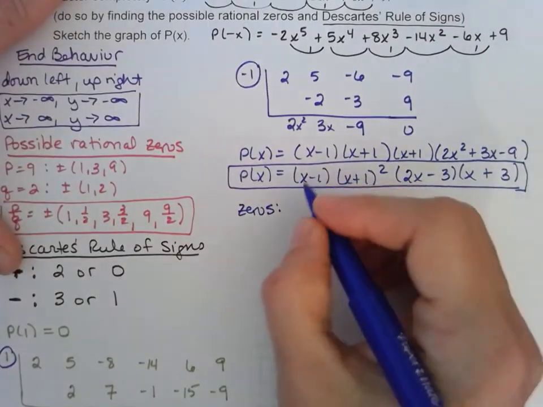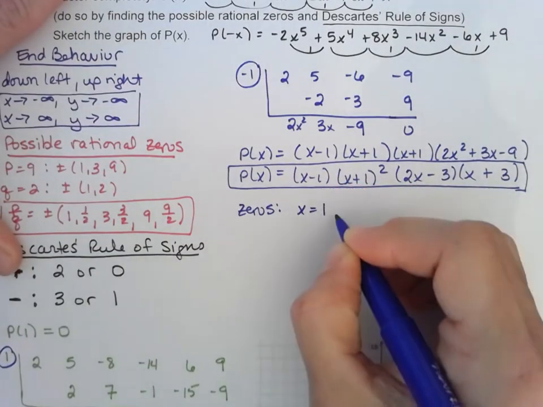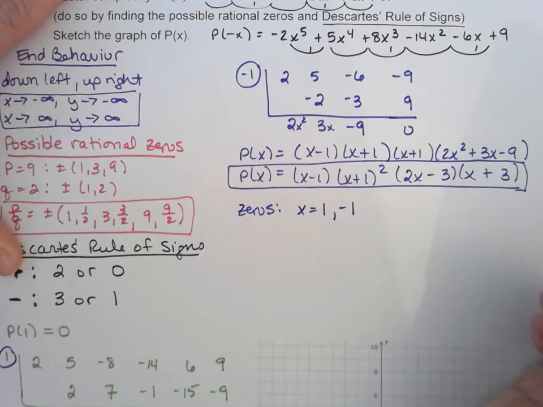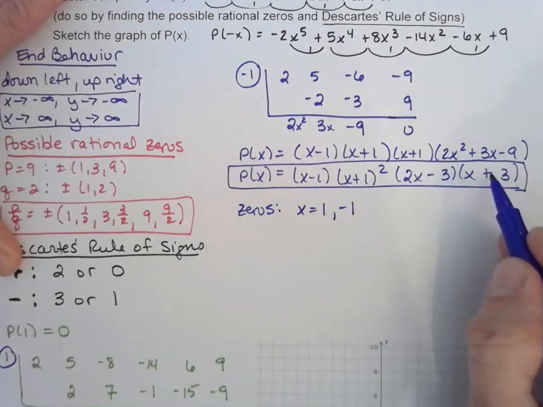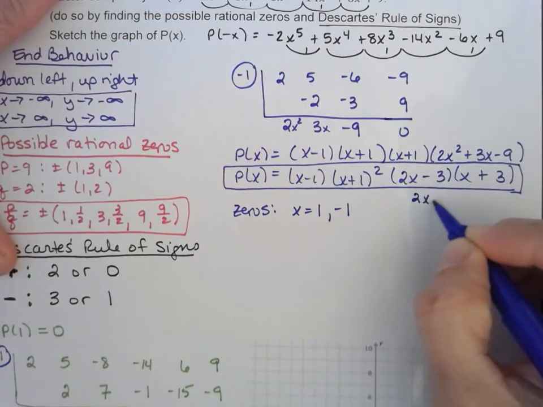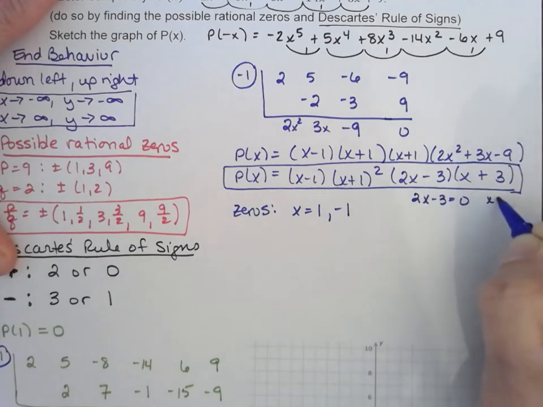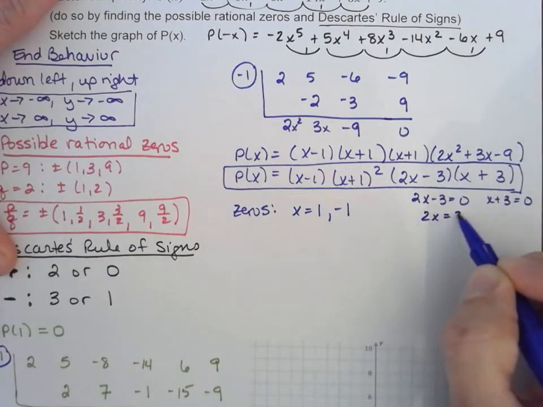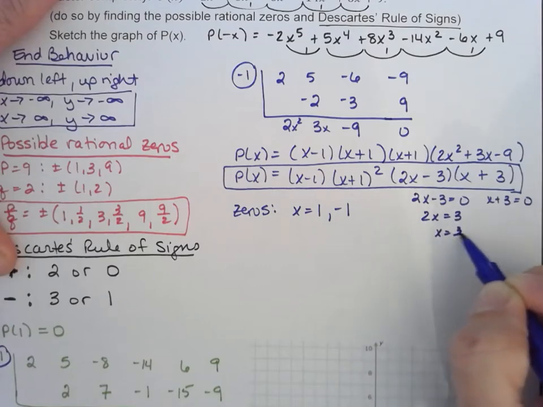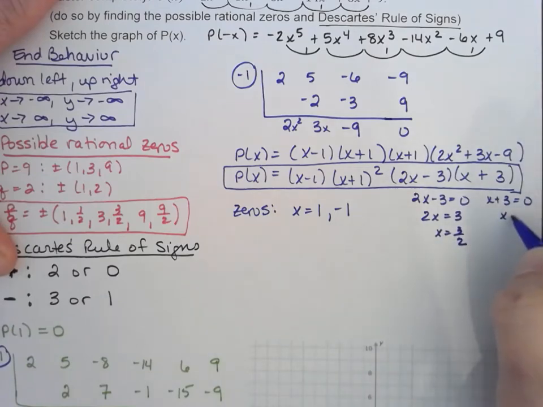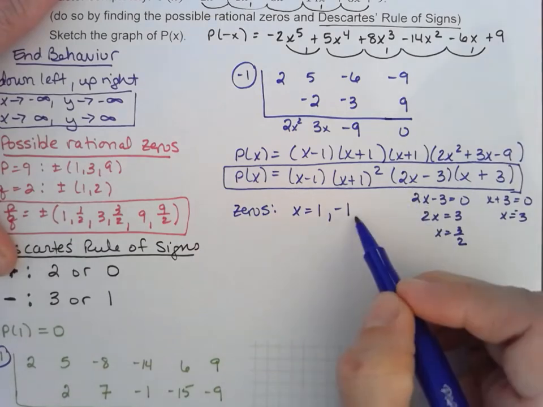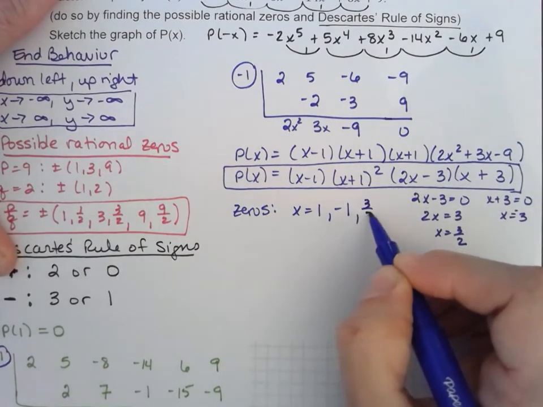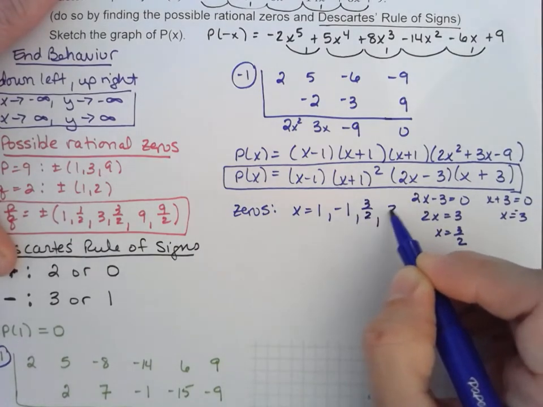So we have x equals 1 and x equals -1. I need to set both of these equal to 0 and solve. We add 3, divide by 2. We subtract 3. So we get zeros of 3/2 and -3.